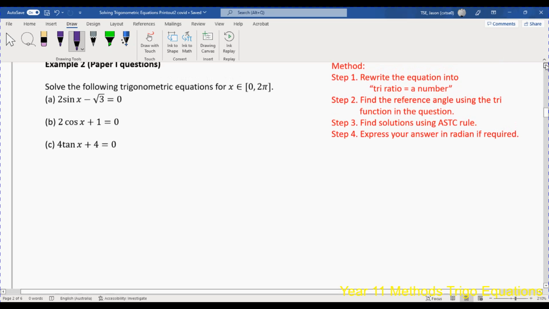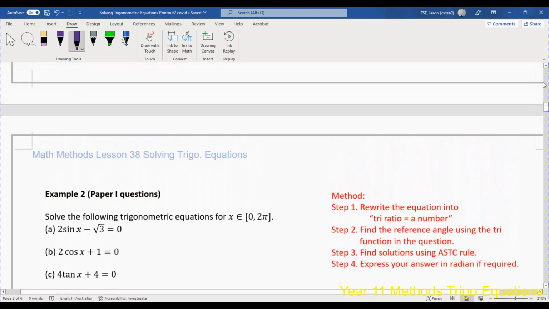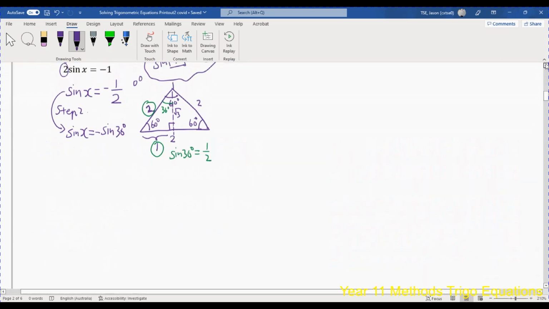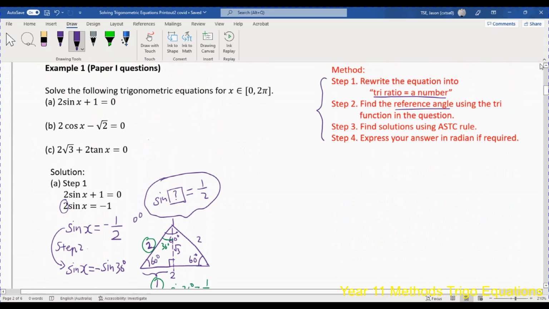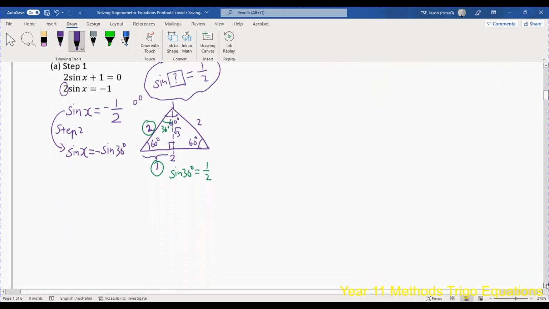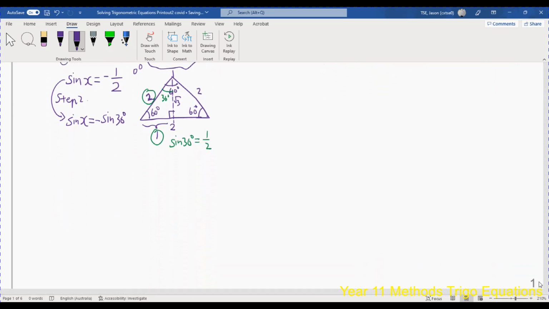So right now it's step 3. Find the solution using ASTC. What do we mean by AS? Add sugar to coffee. So right now it's the quadrant. Which quadrant will that 30-degree reference angle become negative?